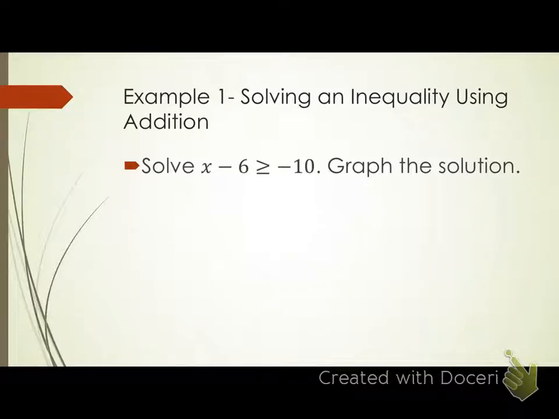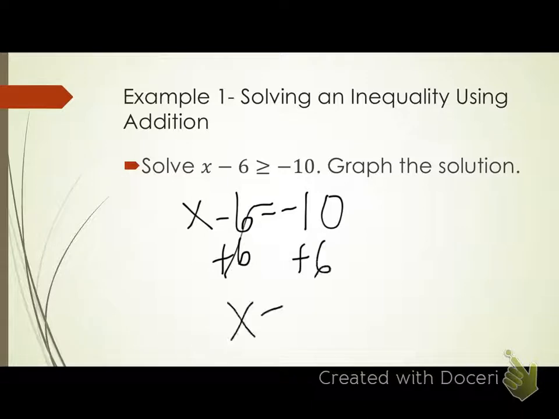All right, so if I have the inequality x minus 6 is greater than or equal to -10. If I had the equation x minus 6 equals -10, what would I do to get x by itself? You would add 6 to both sides, correct? So x would equal -4.